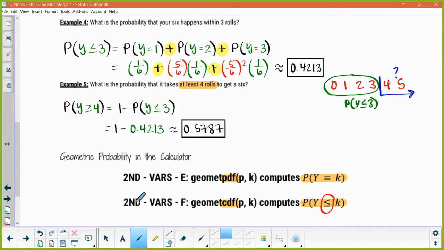These are all in the second bars menu, and we'll use them in just a second. They function exactly the same as our binomial PDF. The only thing it does not ask you is trials, because in geometric models, we do not have a fixed number of trials. So it asks you the probability and what success you want it on. I think in the calculator, it will say x, not k. So let's go ahead and try putting some of these to use.